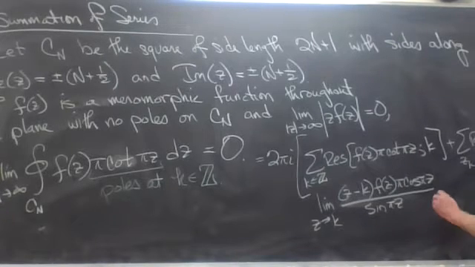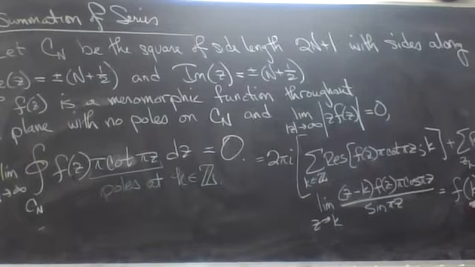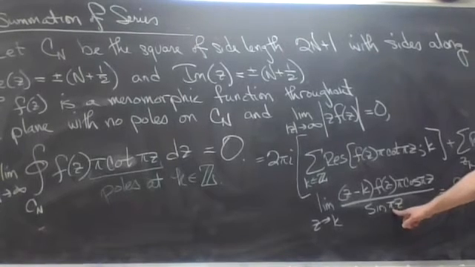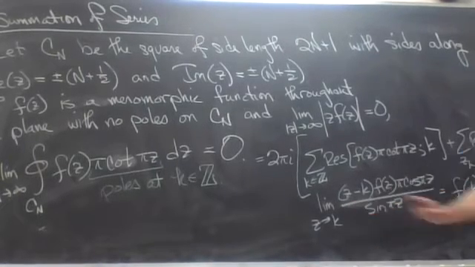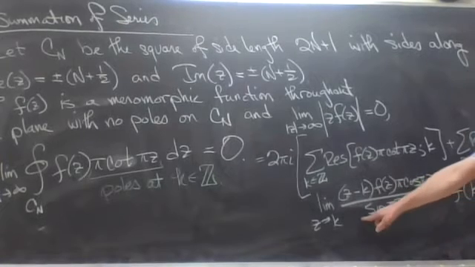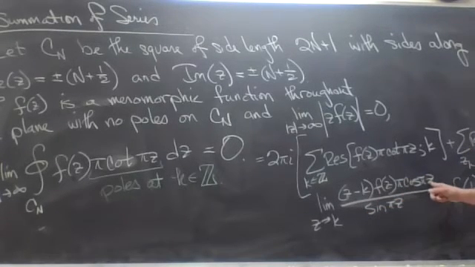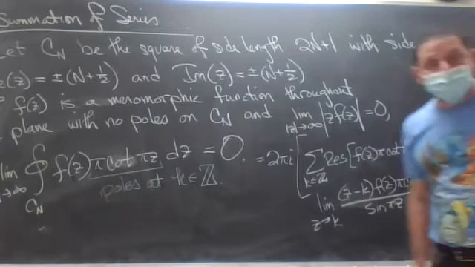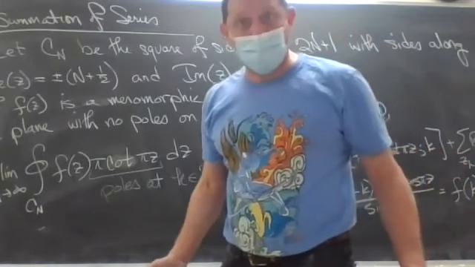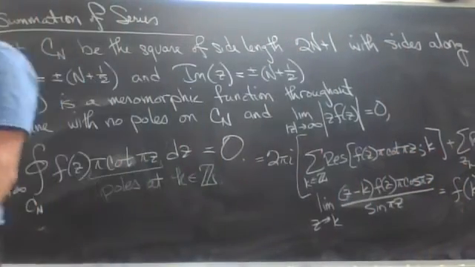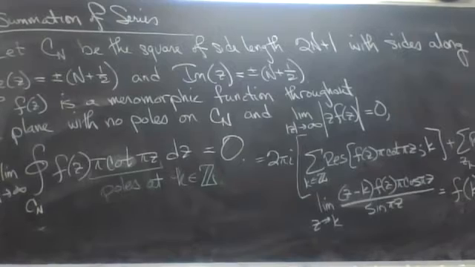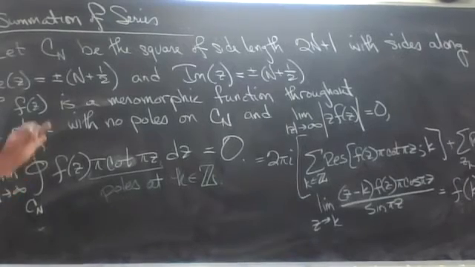And this will give me F of K. Because when I take the derivative of the denominator here, I get a pi that comes out. That pi cancels that pi. I get cosine pi Z, which promptly cancels the cosine pi Z, almost as if it had been engineered that way. I wonder why.